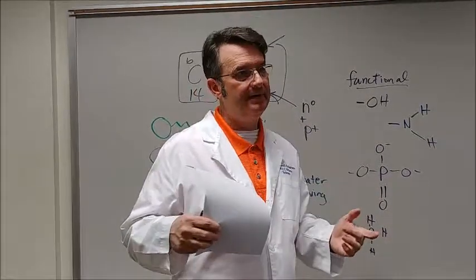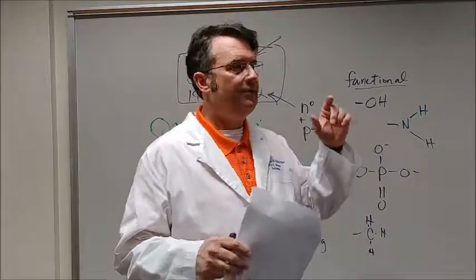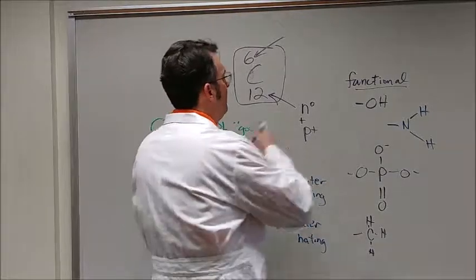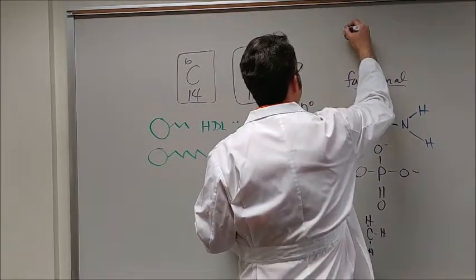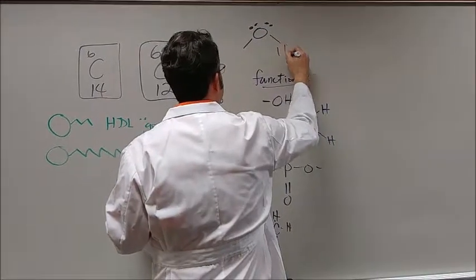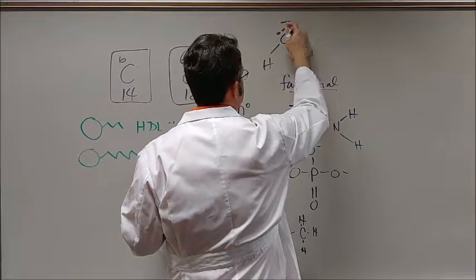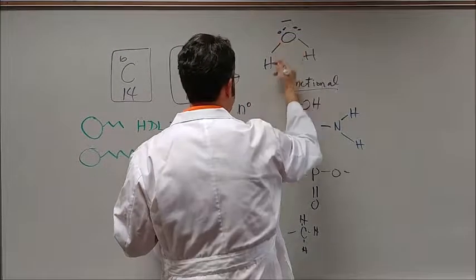So what happens when the electrons are shared relatively equally? That's nonpolar covalent. Okay. When you look at a water molecule, it has a bent configuration like this. This end's negative because it has more electrons hanging that direction.